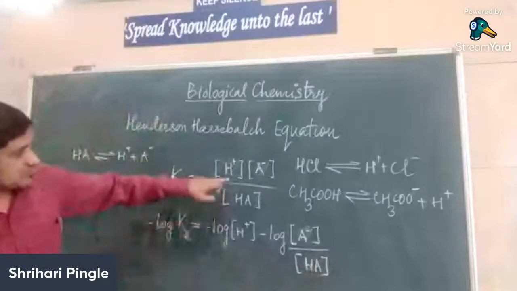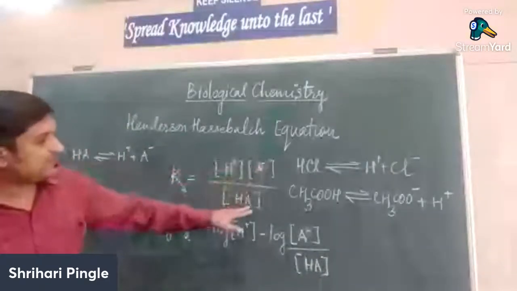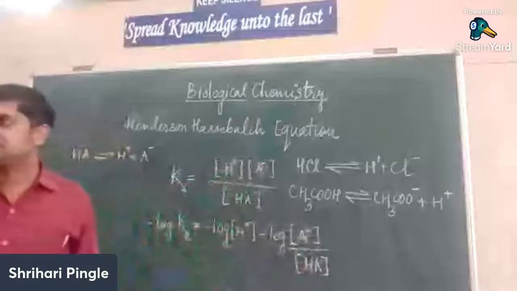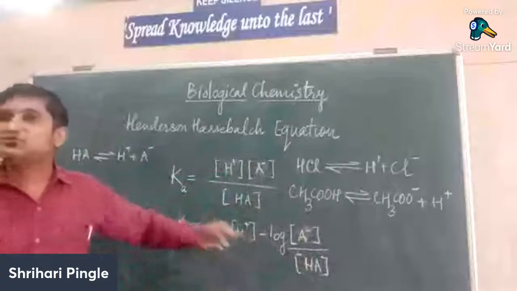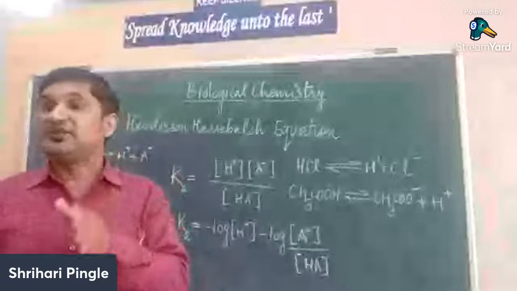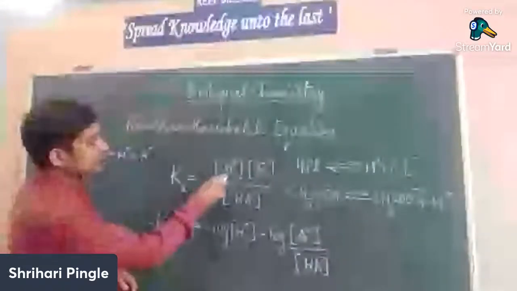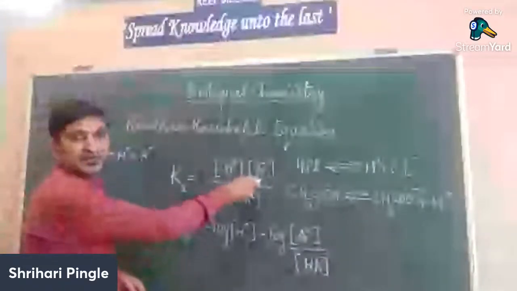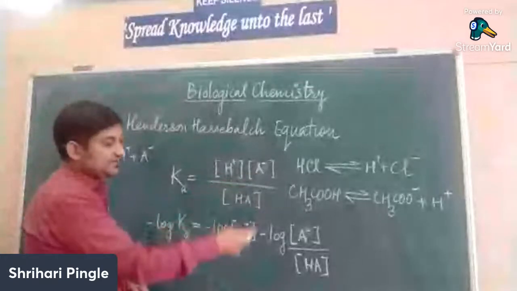So the concentration of H plus, negative log, is kept aside, and negative log of A minus upon HA is kept aside. The reason why it is negative here is because if you remember, when you have to multiply numbers along with their log, you add it. So negative log of H plus into A minus will be log H plus plus log A minus, but here it is minus, right?